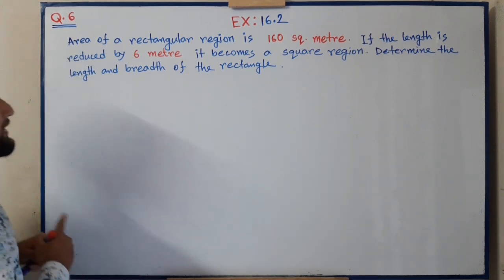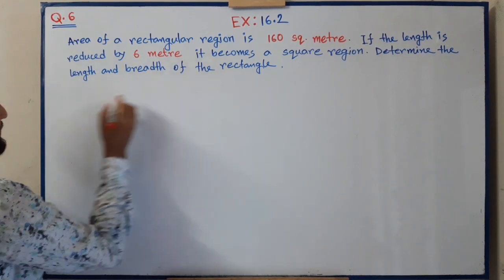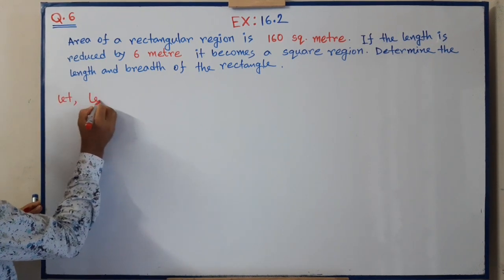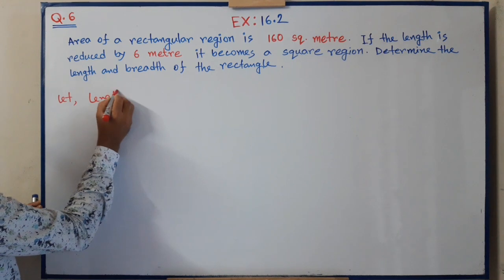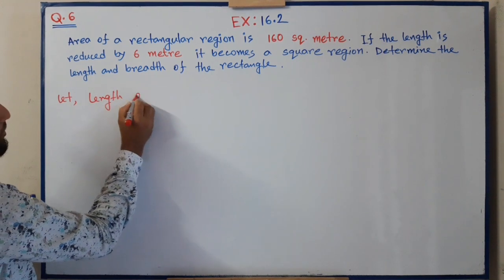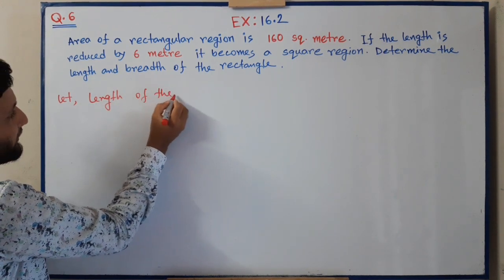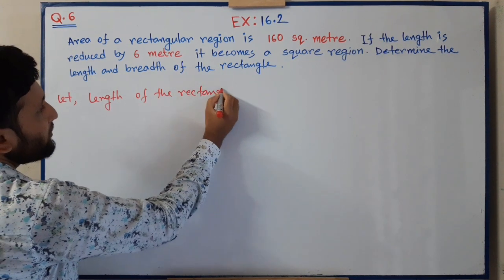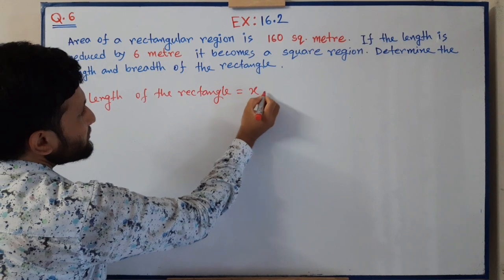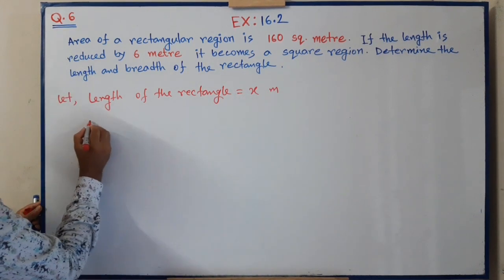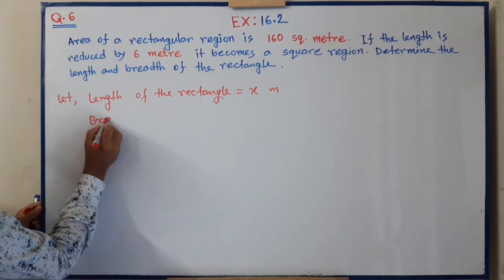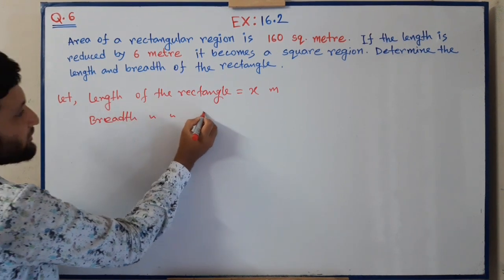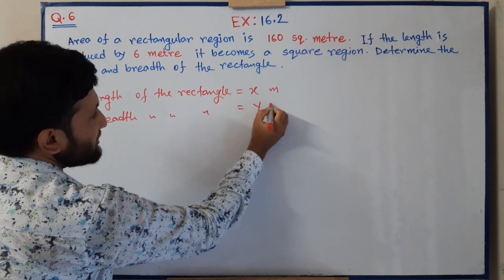At first, let the length of the rectangle is equal to x meter and breadth of the rectangle is equal to y meter.